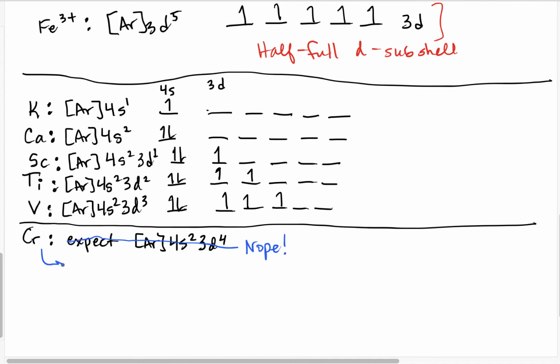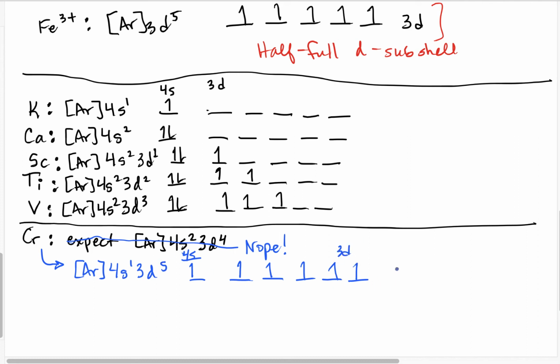Instead, chromium has an electron configuration of 4s1, 3d5. We have 6 total electrons. We have 1 electron in the 4s, and we have 1 each in each of those 3d orbitals.